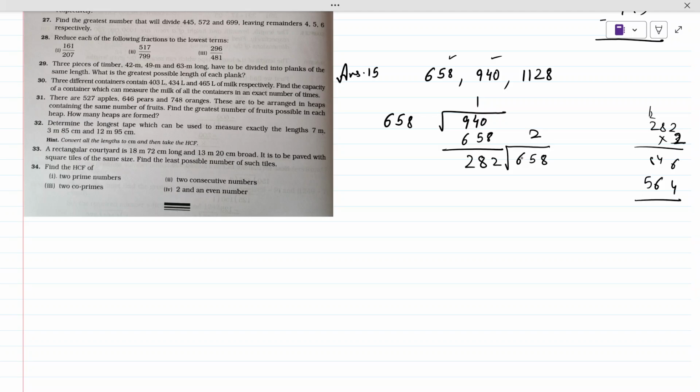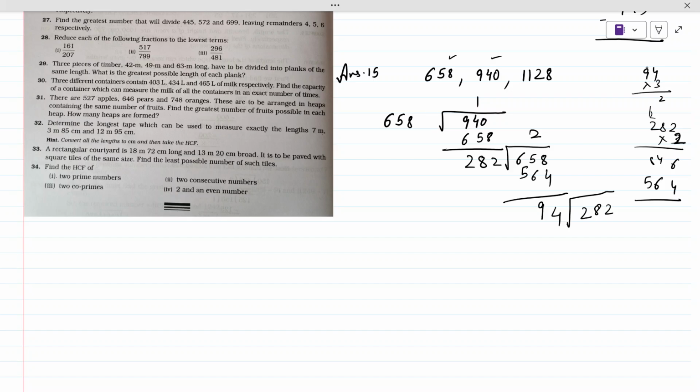So with 2, we are getting 564. 8 minus 4 is 4, and then 15 minus 6 is 9. This is 0. So we have 94, which is again not 0. So step 3, we have to divide 282 by 94. Let's try to multiply in our rough area.